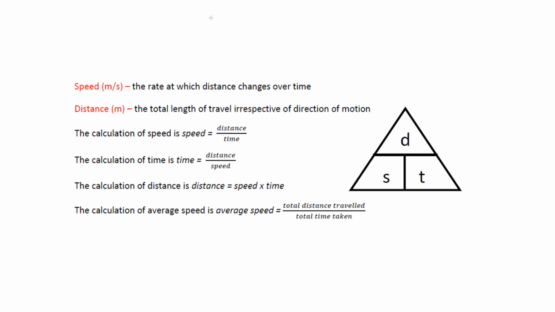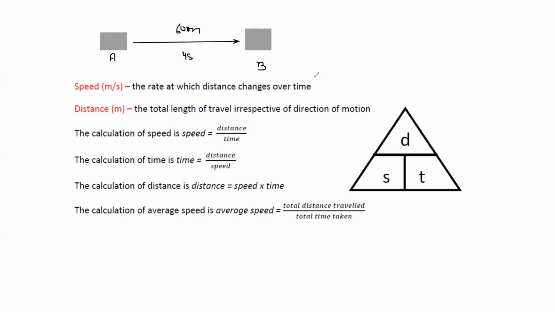For example, you have an object at position A and it moved to a new position B and it covered 60 meters in 4 seconds.